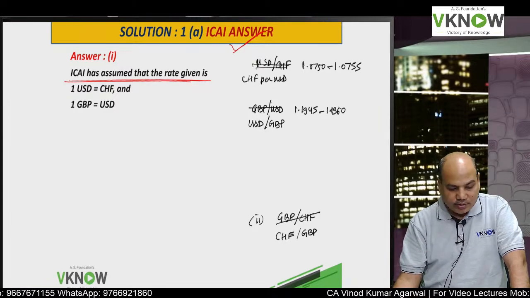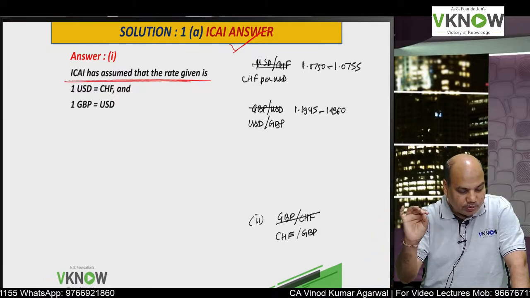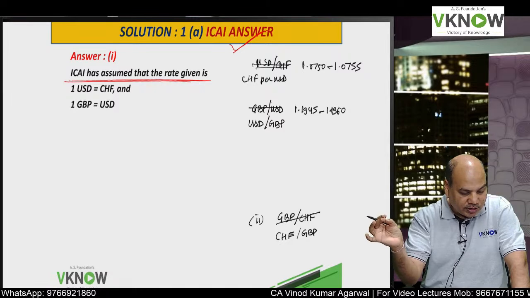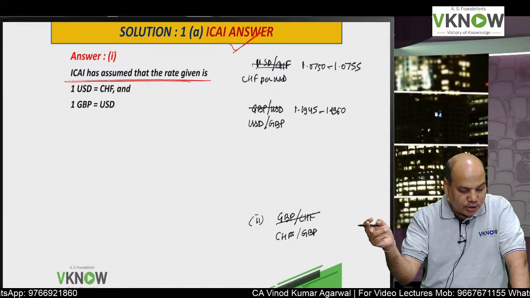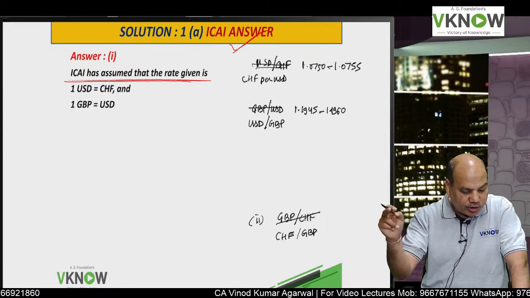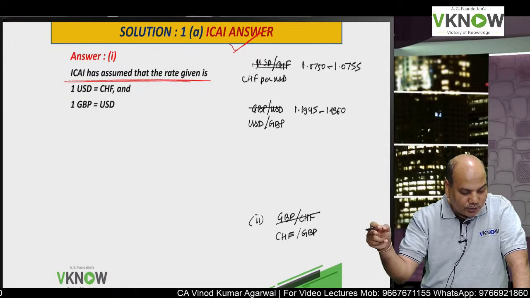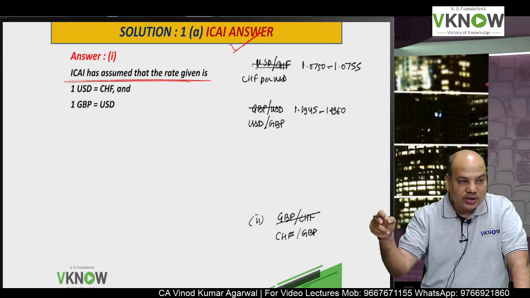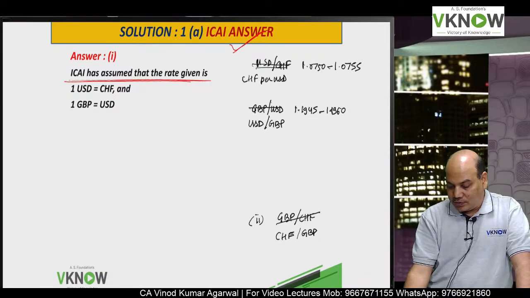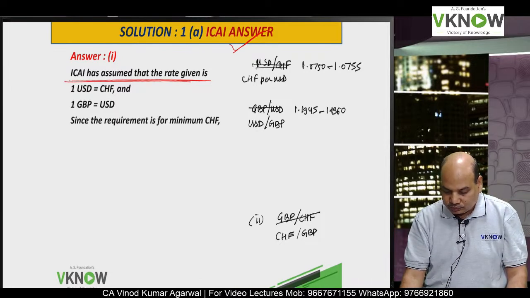I can't help it. You have to change the question by cutting USD per CHF, make it CHF per USD, cut GBP per USD, make it USD per GBP, and in the last question cut GBP per CHF and make it CHF per GBP. Is it right? This is what your dear institute has done.